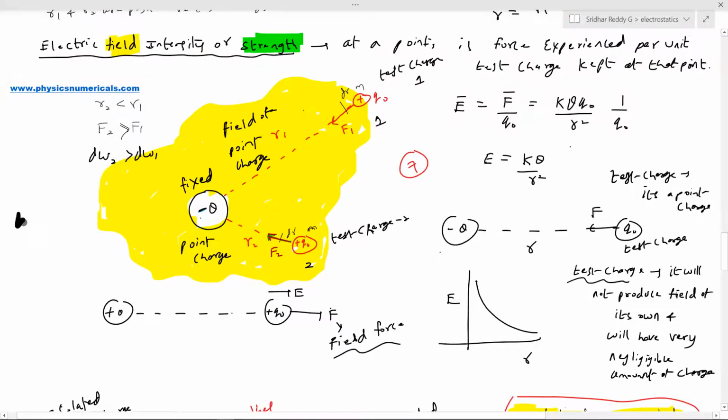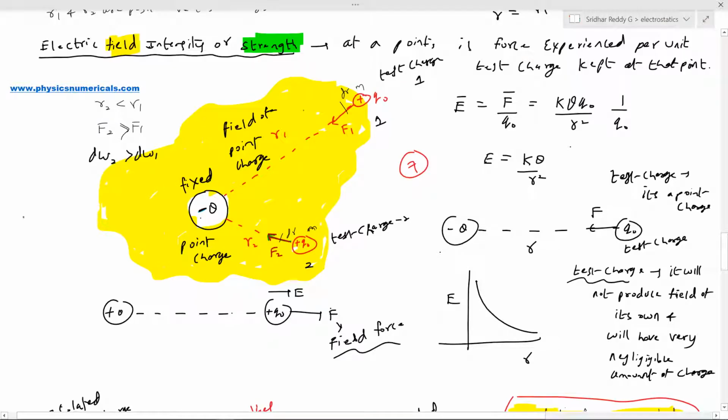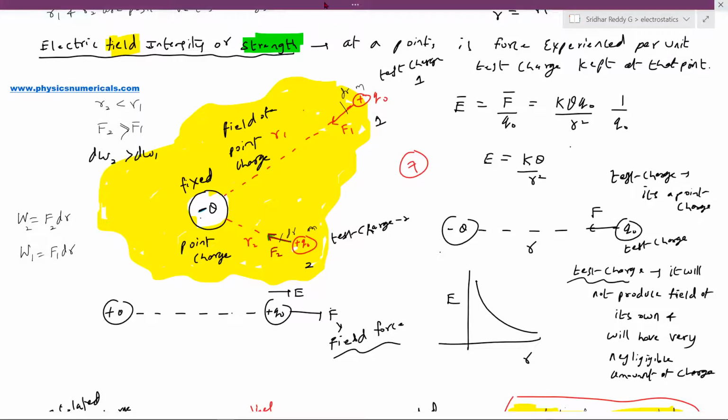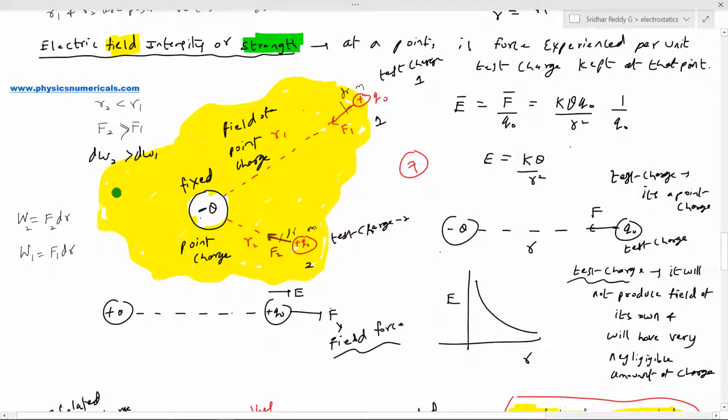Or we write work done? Work done, let me take a smaller nib. Work done W2 equals F2 into dr, W1 equals F1 into dr. Now from the idea here, which will be greater?